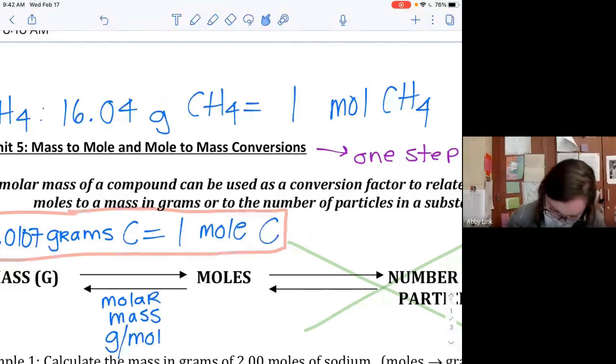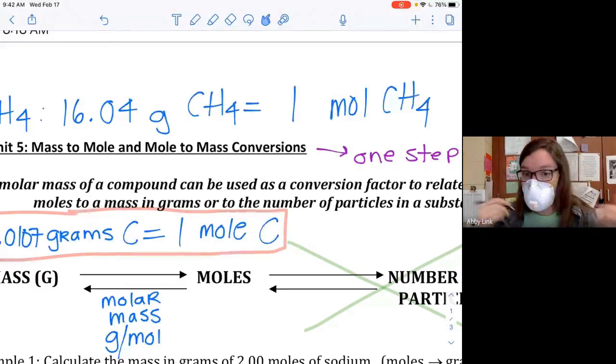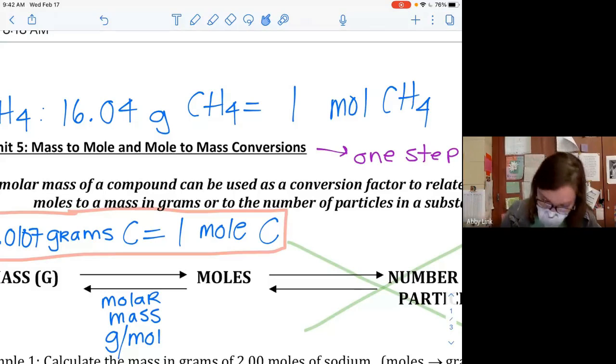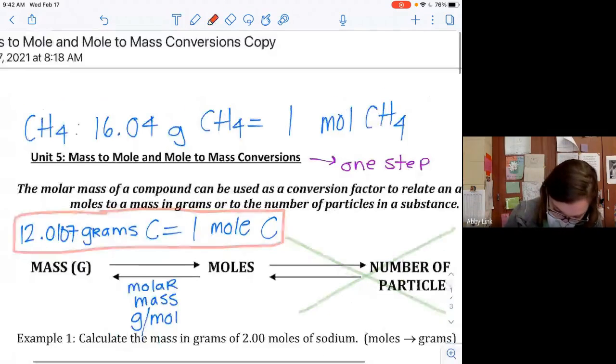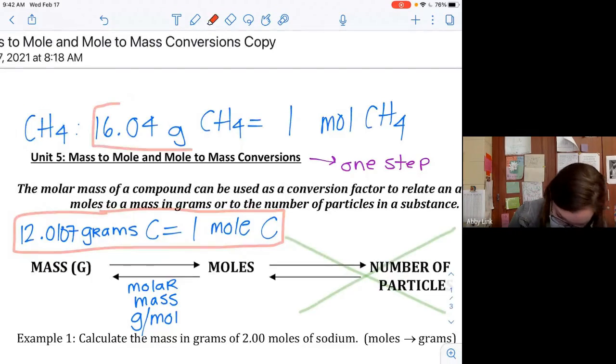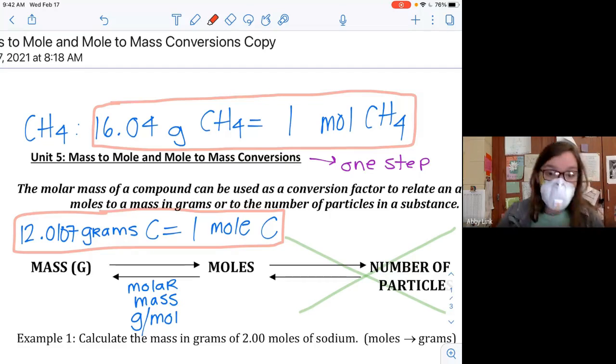So guys, the molar mass of a compound is also going to be equal to 1 mole of that compound, okay? It is this same idea that we have with the element that we just talked about for carbon, but that is applicable to any substance that you're working with, right? Think back to yesterday's definition of molar mass. It is the mass of 1 mole of a substance.